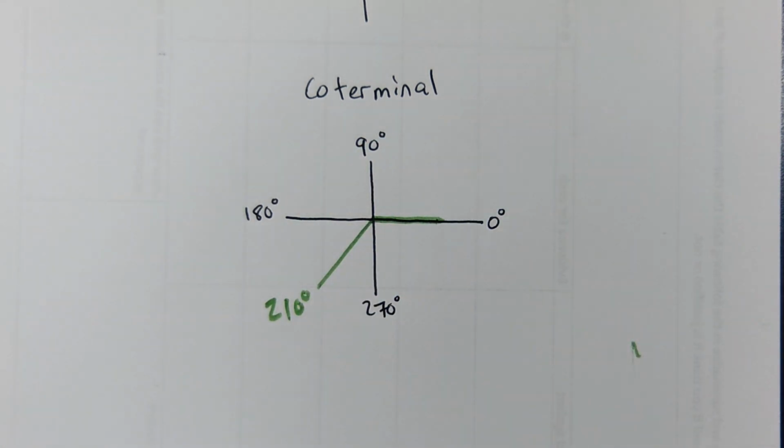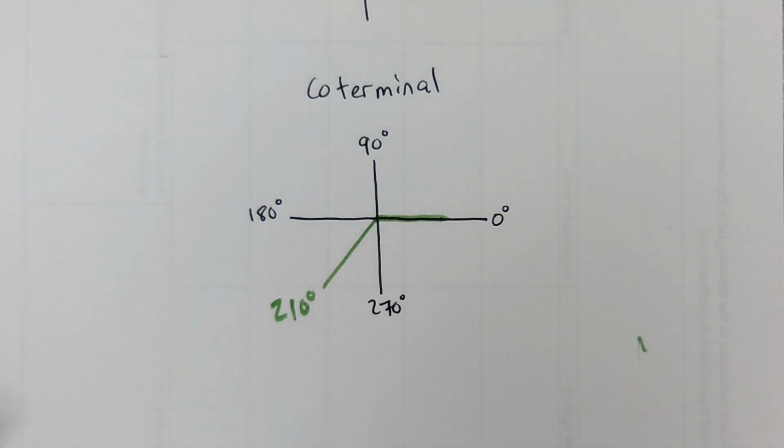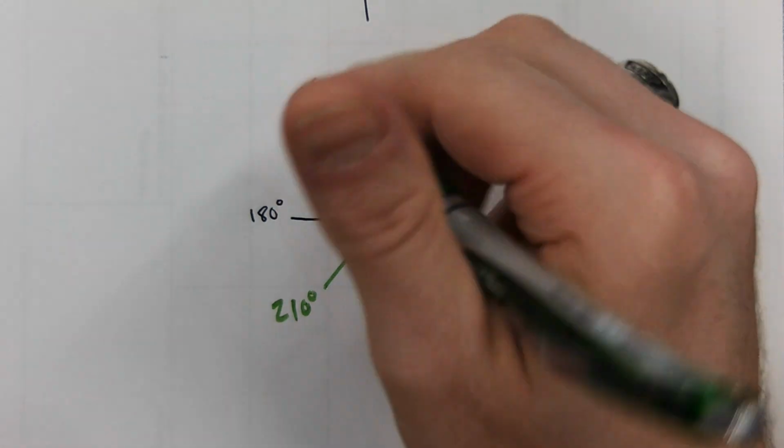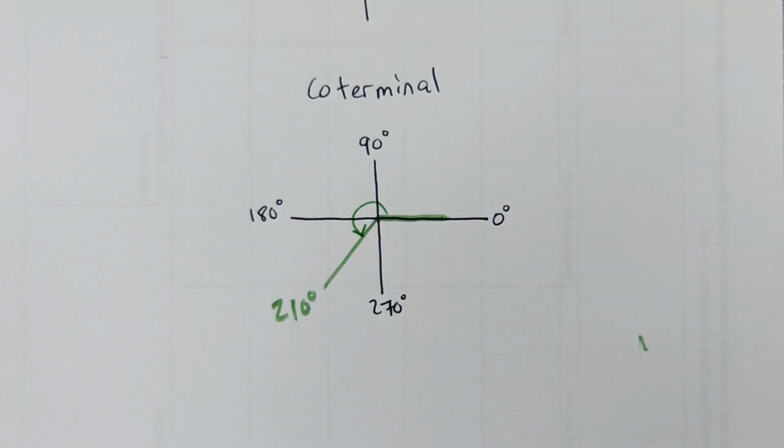There are an infinite number of positive angles that land here, an infinite number of negative angles that land here, and we need to be comfortable with finding those angles. So here is the original positive angle. Original positive angle, 210 degrees.